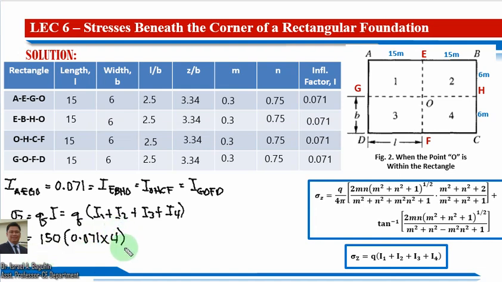So we actually get now the value of our vertical stress, which is just equal now to 42.58 kilopascals. So this would be now the vertical stress for this problem number 2.